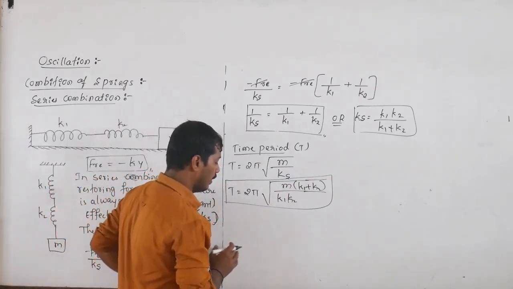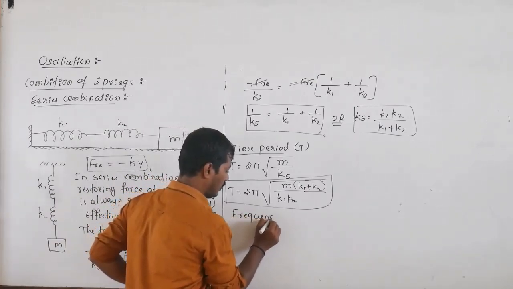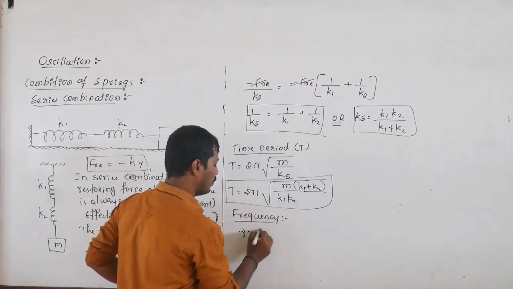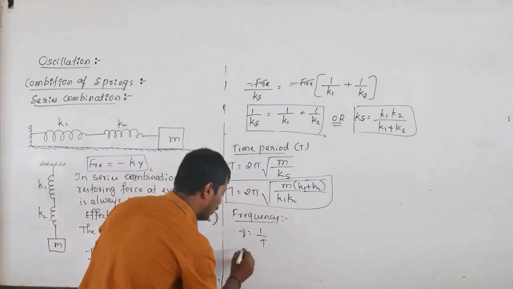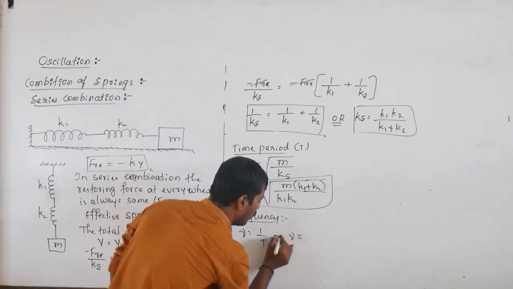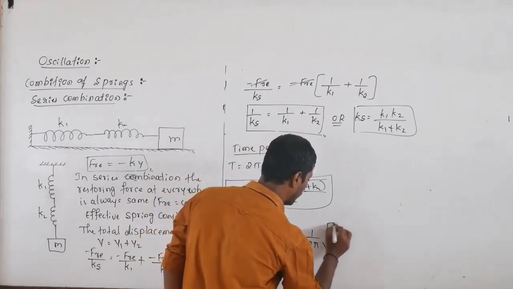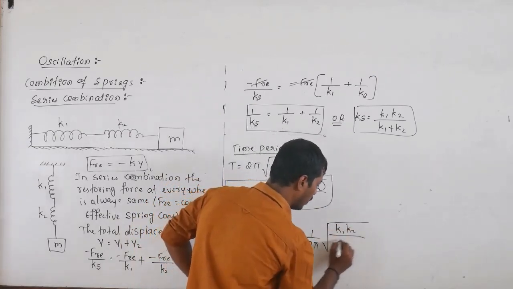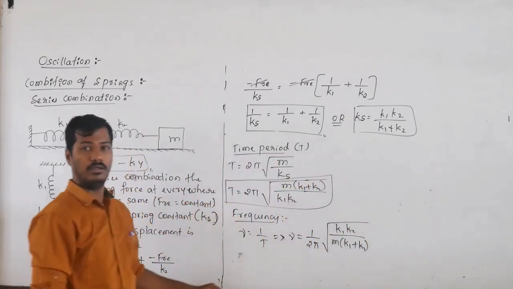If it is the time period, then what about the frequency? The frequency-time period relation is frequency nu equals 1 divided by T. The reciprocal of the time period is the frequency. So the frequency is 1 divided by 2 pi times the root of K1 K2 divided by m into K1 plus K2.